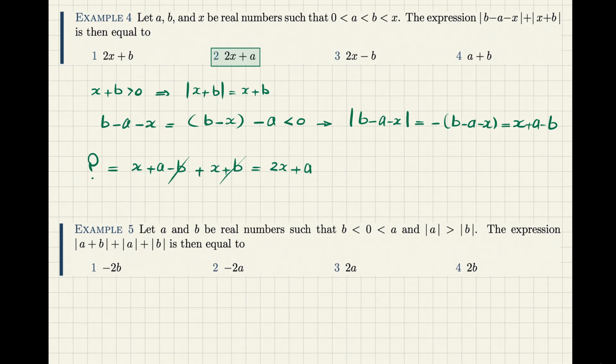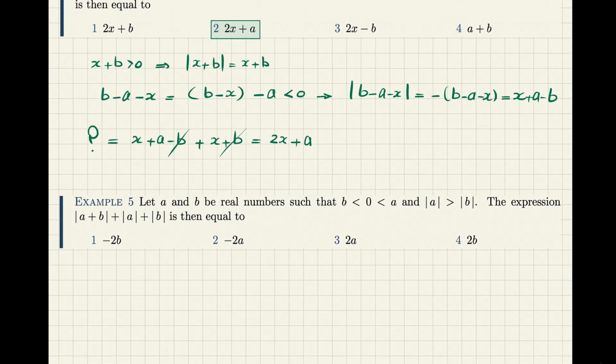Let us go to the next problem. Let a, b be real numbers. We have two conditions on them. We know that b is negative, but a is positive, because this tells you that 0 is between b and a. And this tells you that the absolute value of a is greater than the absolute value of b.